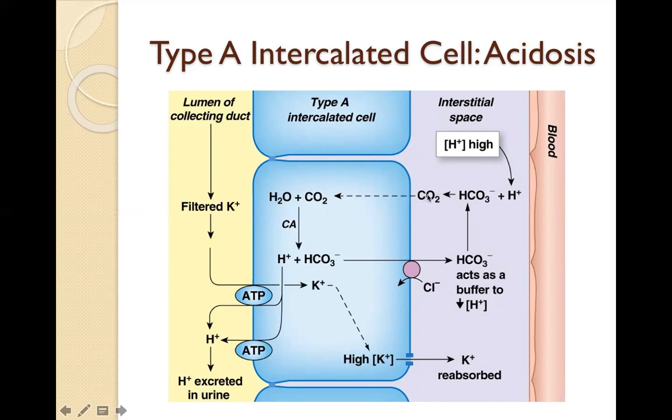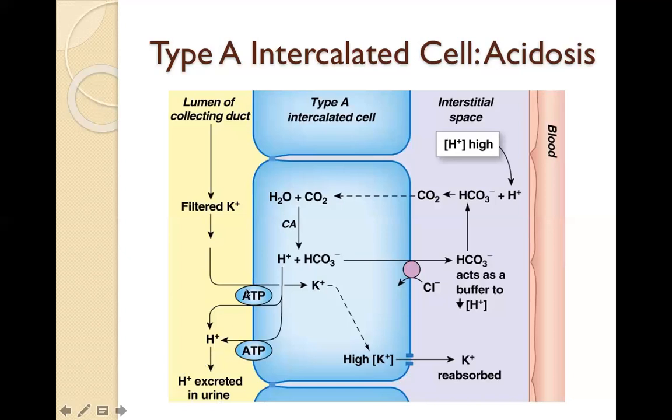And this carbon dioxide is going to diffuse into the cell. Well, when it's in the cell, it combines with a water molecule, and via carbonic anhydrase, it's going to make carbonic acid, and it's going to be split into a proton and a bicarbonate ion. Those protons are going to be actively pumped out of the cell and into the lumen so that they can be excreted in the urine.